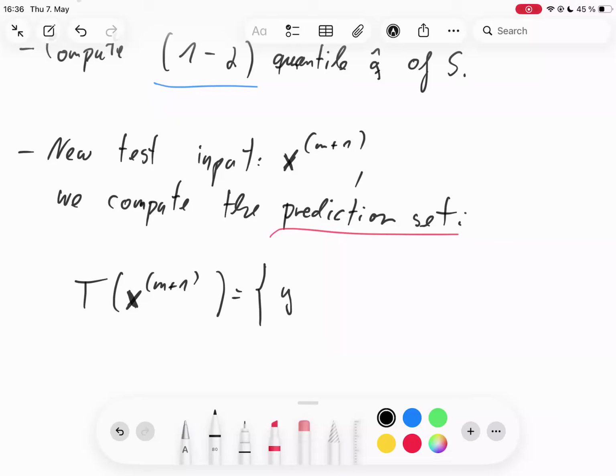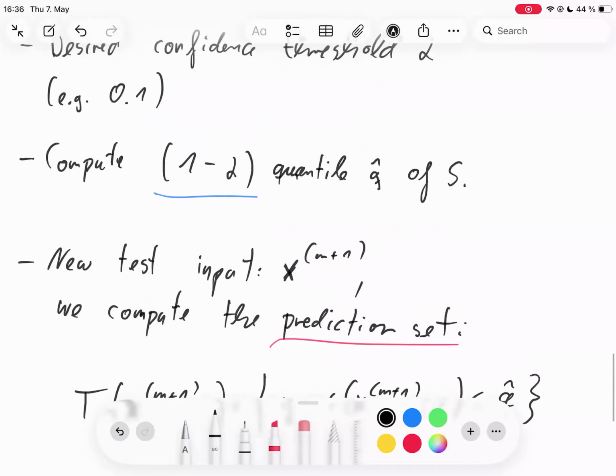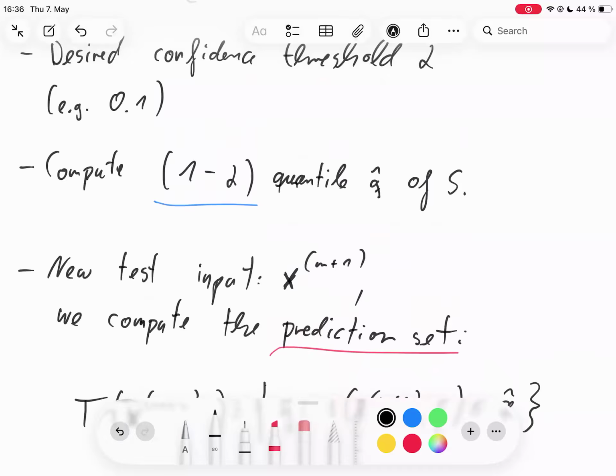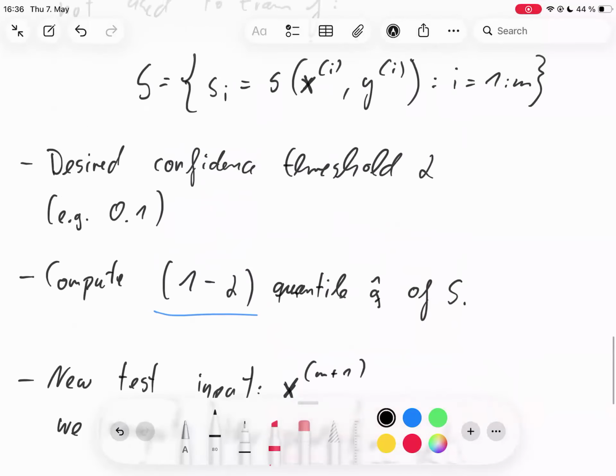So we want the labels y for which the conformal score for our example and its label is less than or equal to Q hat. And remember that Q hat was this 1 minus alpha quantile.